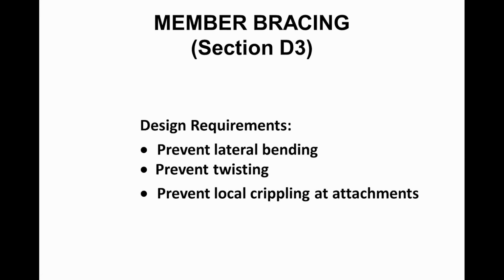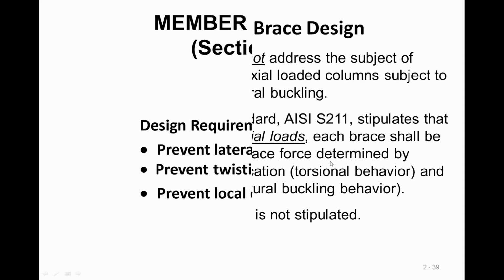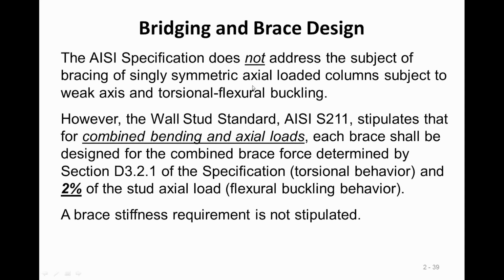As we deal with member bracing, I mentioned a couple slides back, S100 gives me provisions in section D3. It tells me that brace needs to prevent lateral bending and twisting, and I can't have any local crippling at the attachment. What are we dealing with here? Well, the specification, S100, does not address bracing for a singly symmetric section, that is a C-section, that's actually loaded as a compression member.